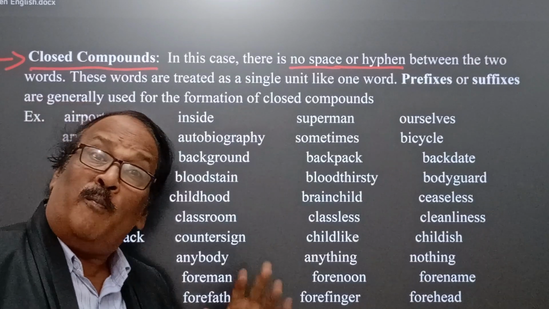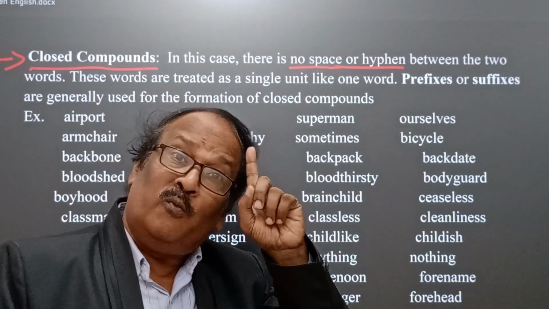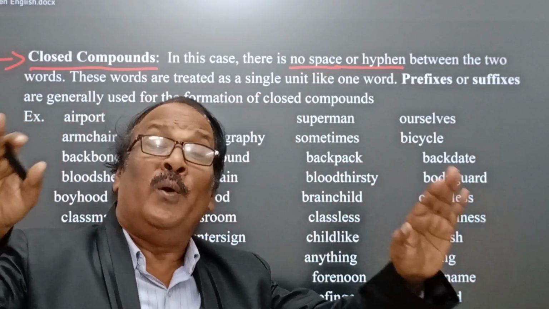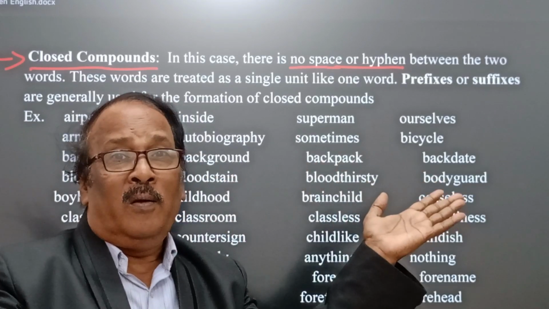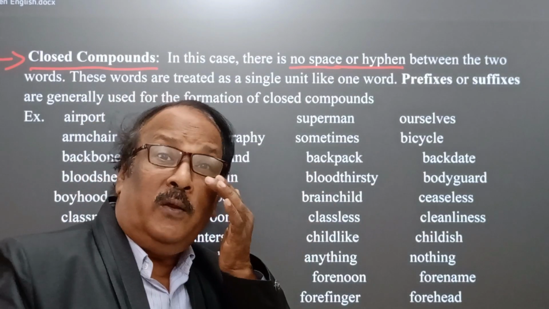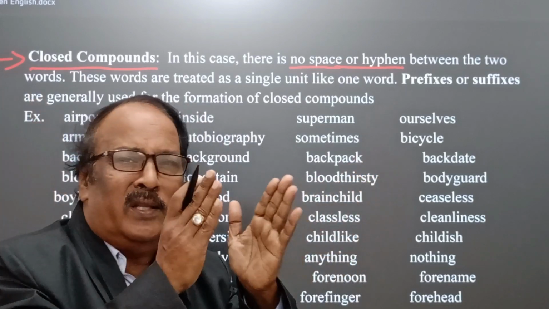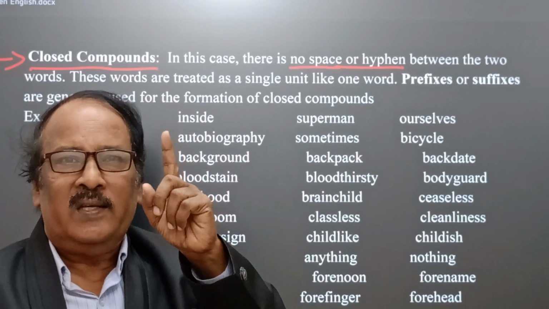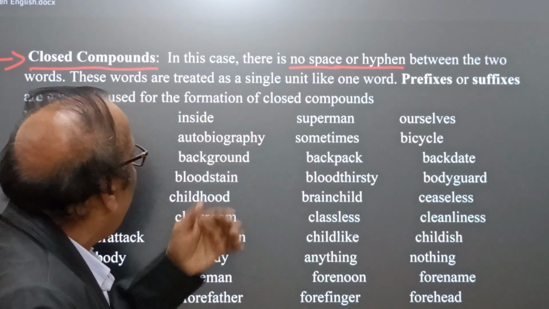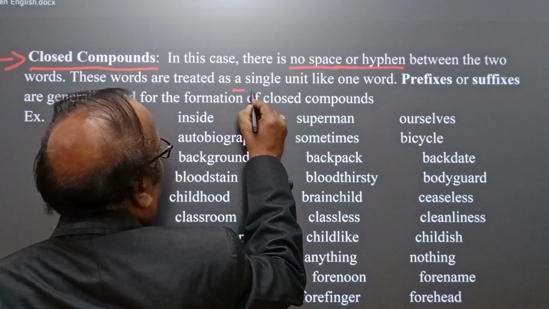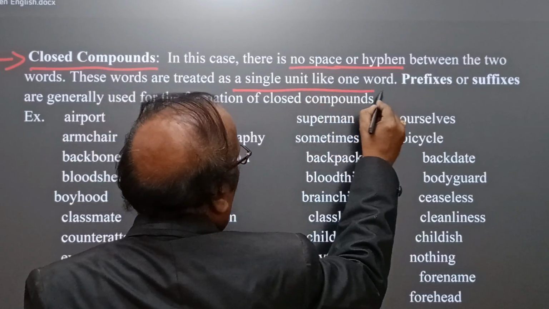Compound words are treated as one word. Remember? If we separate them, they are two or three different words. But whenever we join them, then it is treated as one single word.